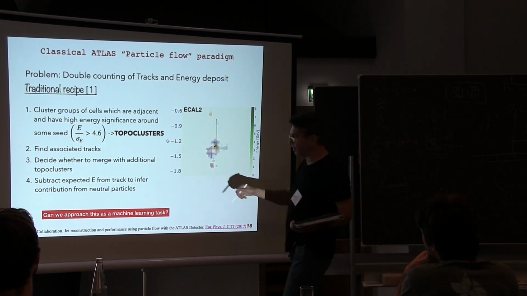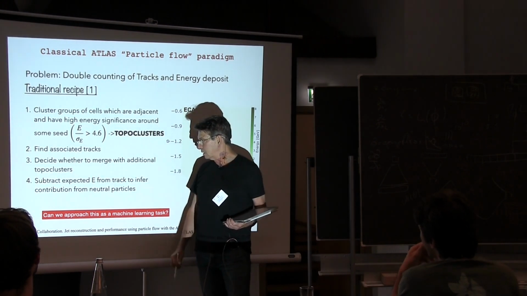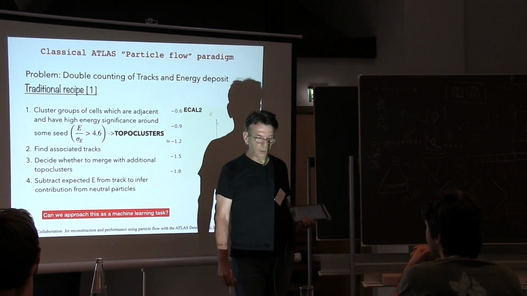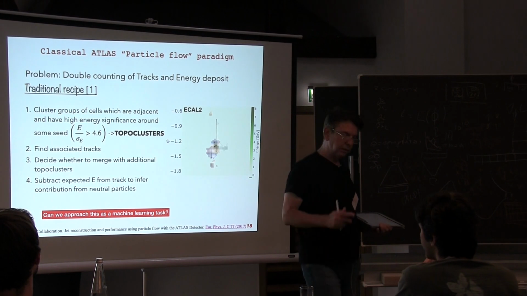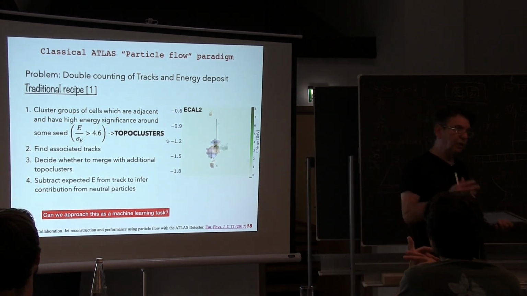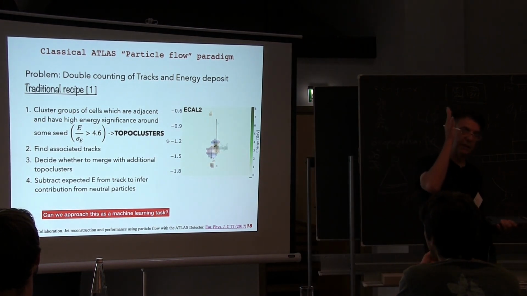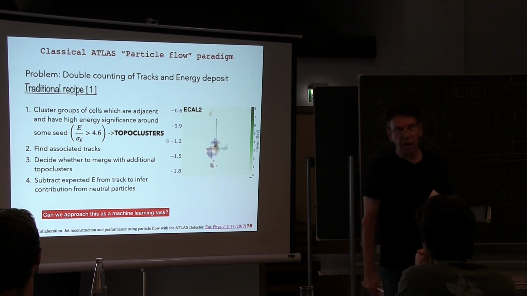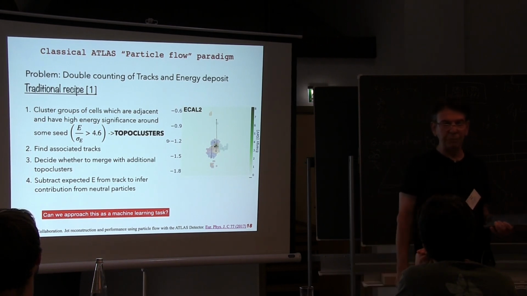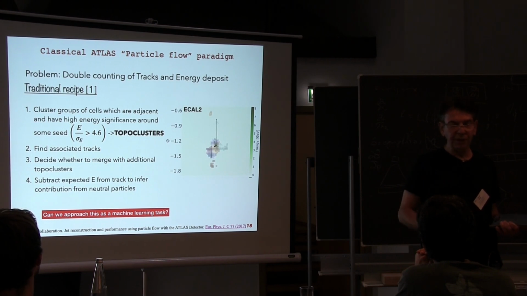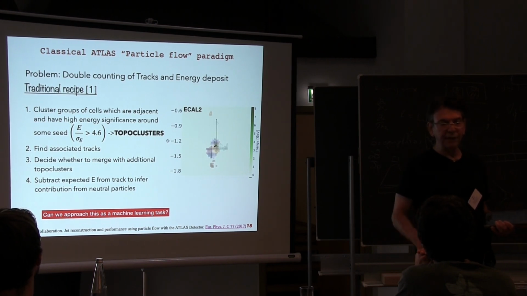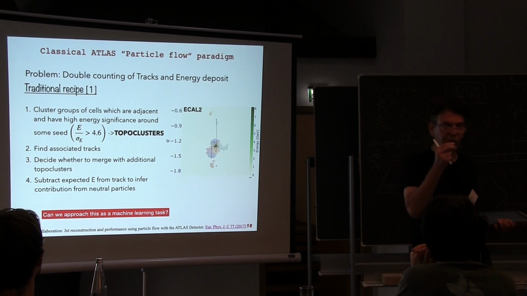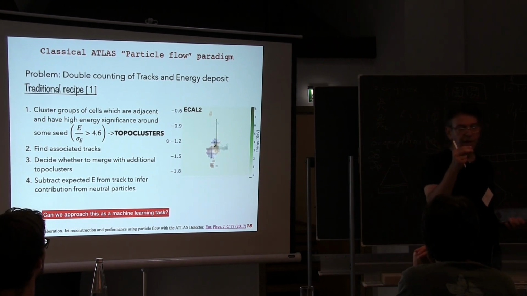Then we find the associated tracks. Then we look where the track points. We try to associate the tracks with the clusters in the calorimeters. We try to guess how much energy the track deposits in the calorimeter, and subtract it from the readout of the calorimeter. What you're left with are neutral particles.